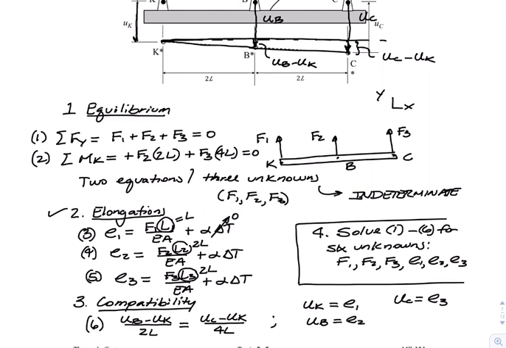And then we have a compatibility equation which basically says these rods are connected to a rigid bar, so this is a rigid bar rotation assumption. Coming from the picture, it's a statement of similar triangles, but that's all based on the fact that the bar KC is rigid and doesn't bend.